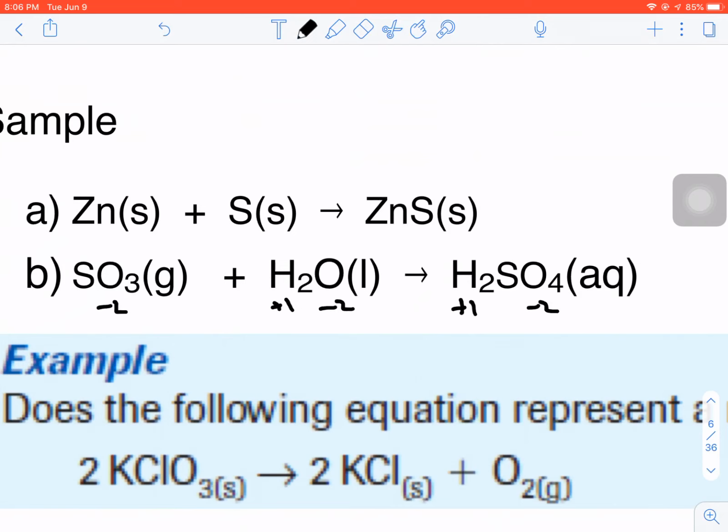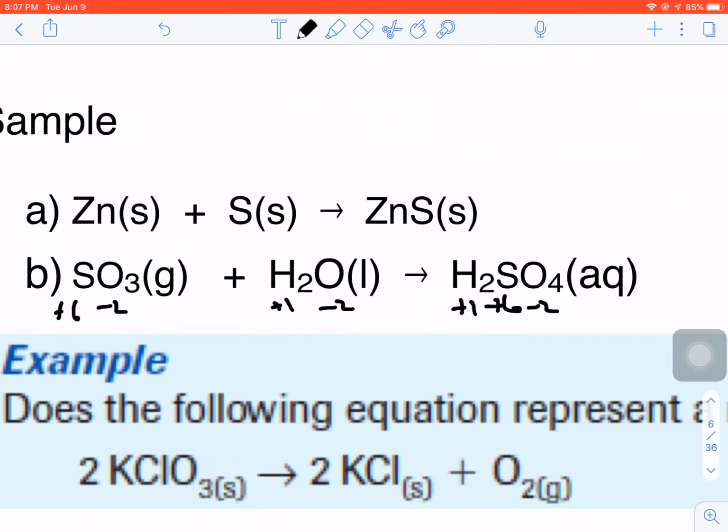At the beginning here, if there are 3 oxygens at -2, I've got -6, so sulfur must be +6. Over here, there are 4 oxygens at -2, that's -8. But I've got 2 +1s already, so I need 6 more pluses, so the sulfur is +6.